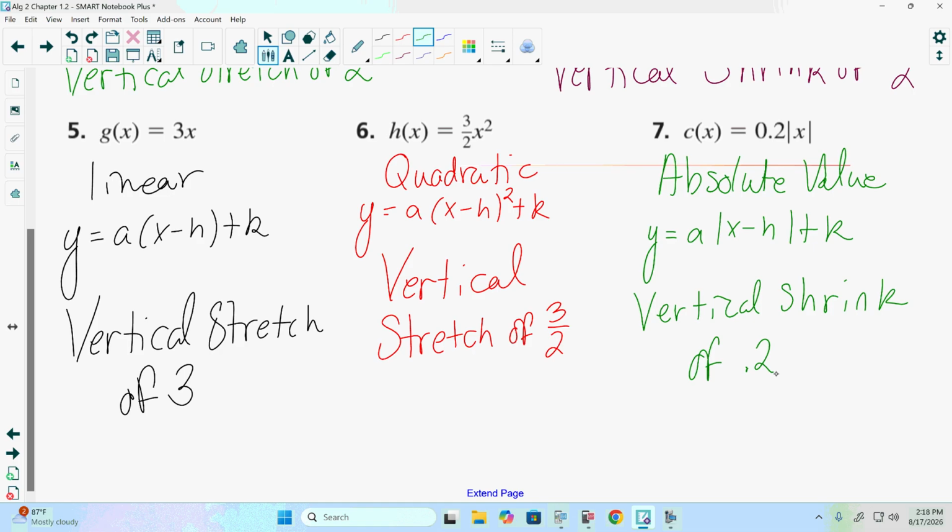Now, we will get into it later in this chapter, but f of x, g of x, h of x, c of x, it's a way for us to distinguish one function from another. So I can talk about two functions at the same time, and we know what we're talking about. It gives us the ability to say, we're going to look at c of x, and you know immediately which one of these three I'm talking about, especially if they're all just y equals. Kind of hard to specify between them.